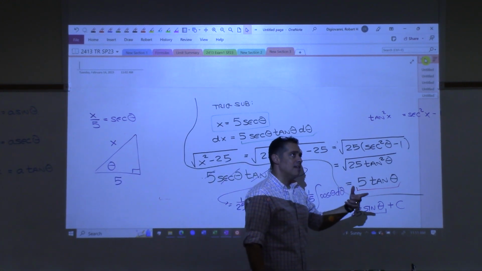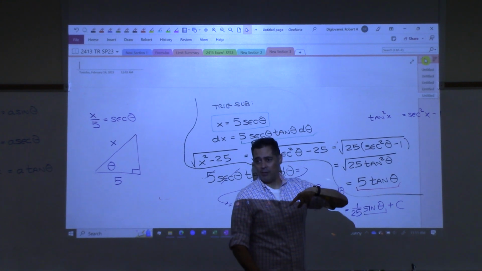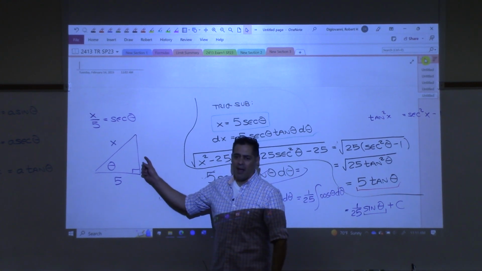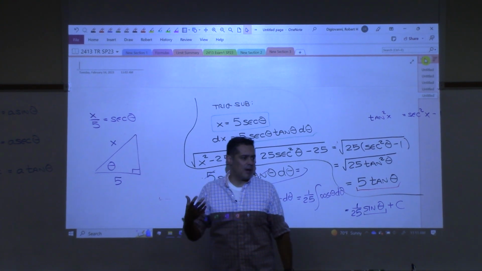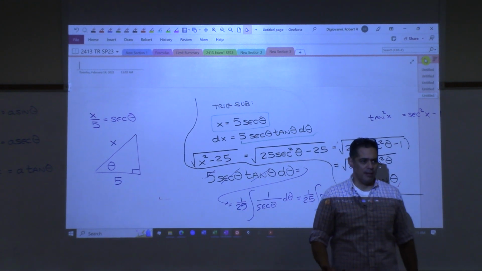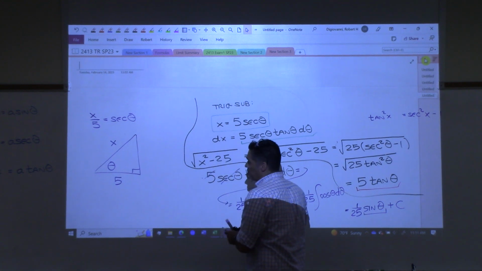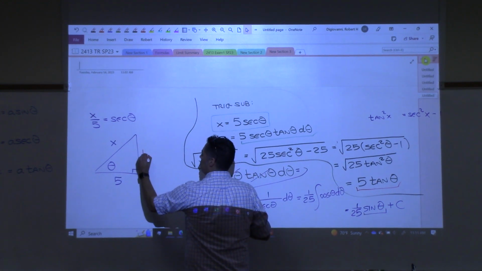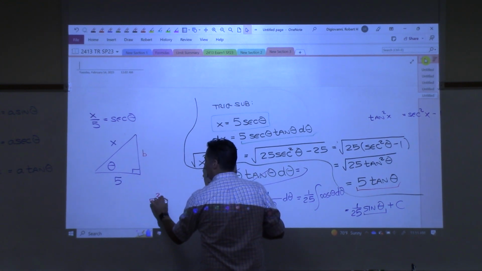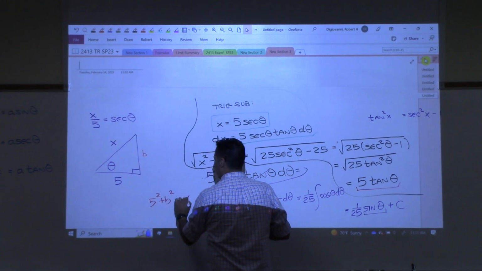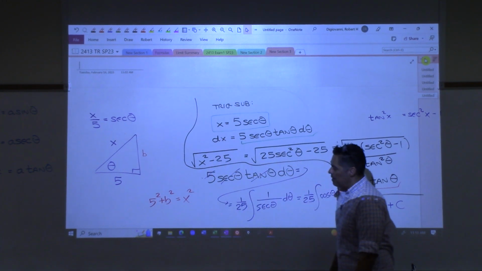Sine. Okay, sine is opposite over hypotenuse, so I need this opposite side. But since I have two sides of a right triangle, I can always solve for the third side. For this problem, because it's been a whole week since we've done this, I'll actually solve for that side. I'll call it b. We know by Pythagorean that 5 squared plus b squared is x squared, and I'm trying to solve for b here.